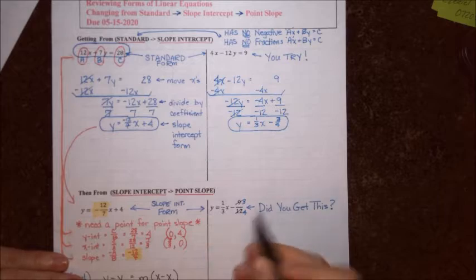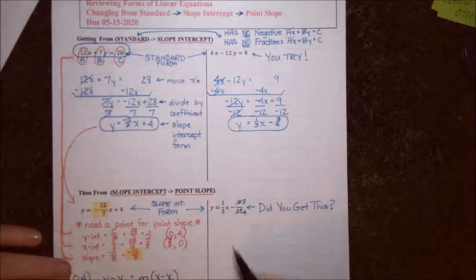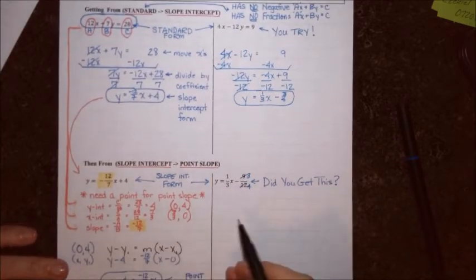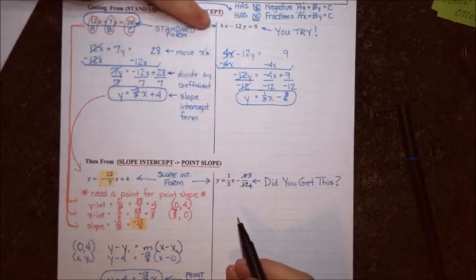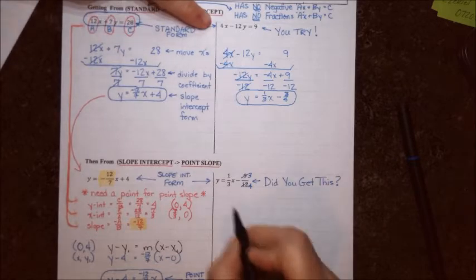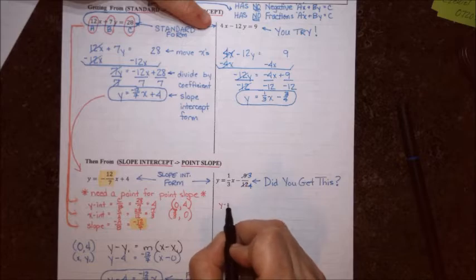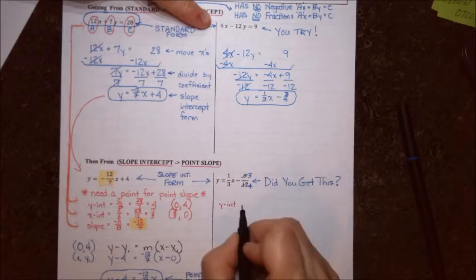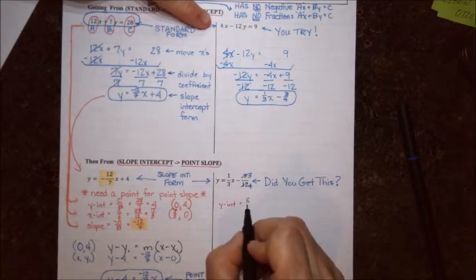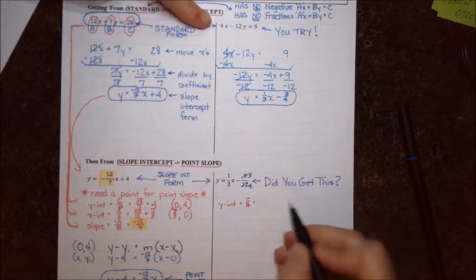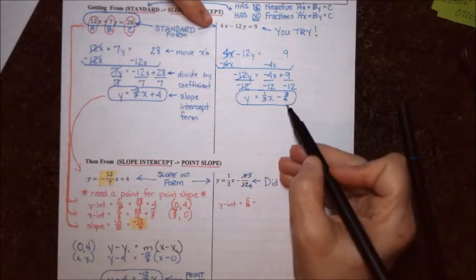Now, at this point, we still need a point for point slope. Can we do that? Yes, we can. All right. I can still come back up to my ABCs, and I can find a y-intercept. I'm just going to do that one. If you wanted to do both of them, oh, we can do both. But C over B, we already know it from here. Let's test it out. What's negative 3/4?